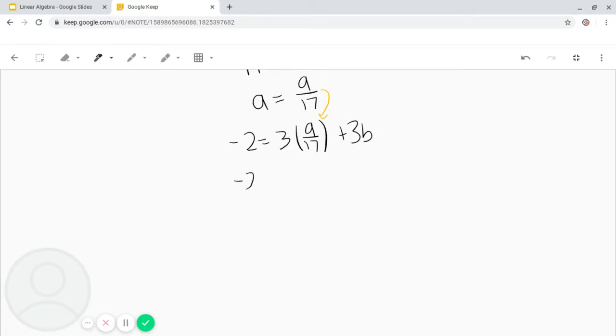So then negative 2 equals 27 over 17 plus 3b. And this might get a little bit complicated, so I'm not going to simplify, but you could. So that would be negative 34 over 17 equals 27 over 17 plus 3b.